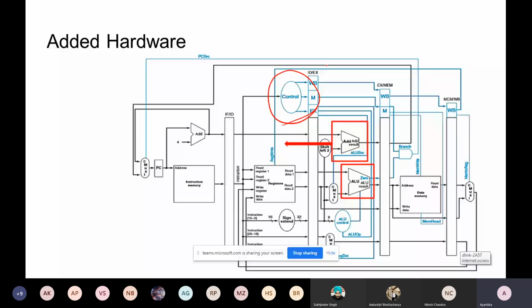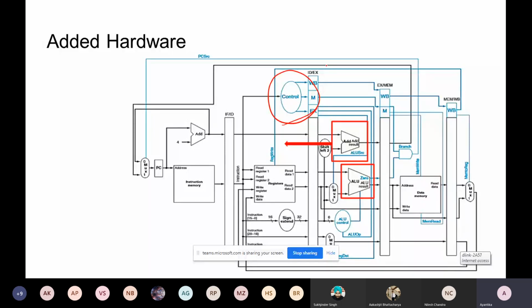As and when we add these types of implementations or hazard handling strategies, we are basically adding extra modules to the hardware, and those components take care of forwarding, stalling, or added control: when to flush, what to discard, what to keep, everything.